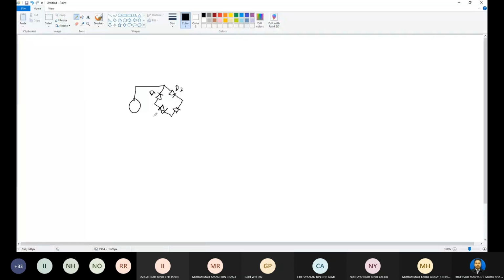Okay, so this one goes to the meter. Right, so this is the circuit for the full wave rectifier. Okay, full wave rectification.